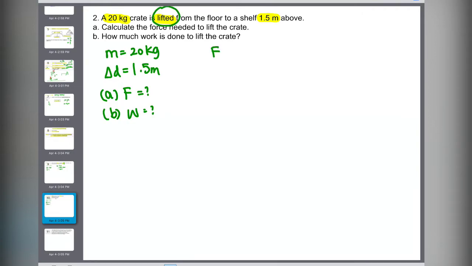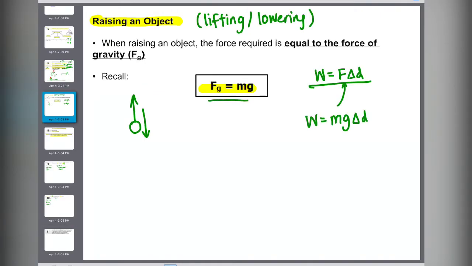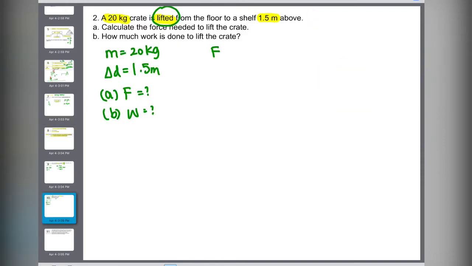Okay, so the equation for force when I'm lifting something up, we already talked about that. When I'm lifting something up, I just use the Fg, the force to go against gravity. So Fg equals m times g. You write your equation out. 20 is the mass. I do like to put the unit. And are we okay with what g is?